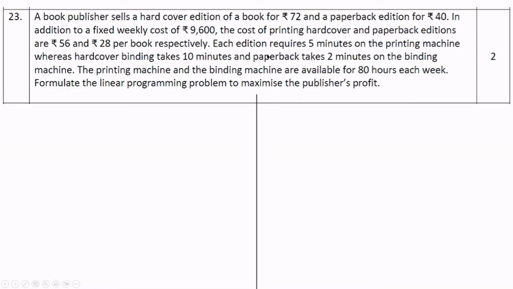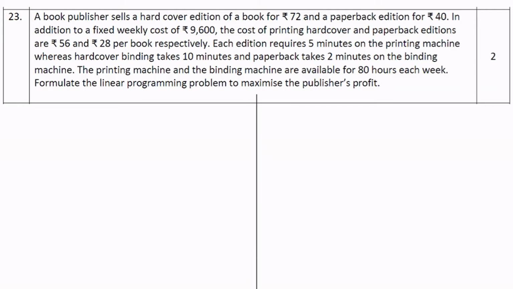And regarding the availability of machine, it is given each edition requires 5 minutes on printing machine, whereas hardcover binding takes 10 minutes and paperback takes 2 minutes on binding machine. Each machine is available for 80 hours each week. We need to formulate this linear programming problem to maximize the publisher's profit.